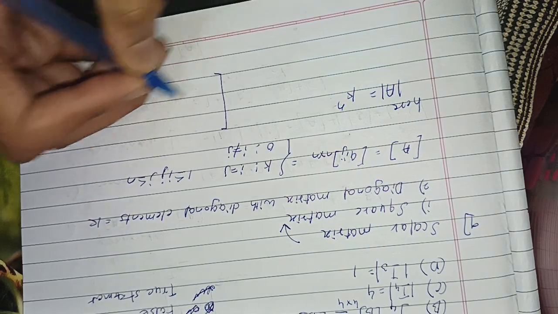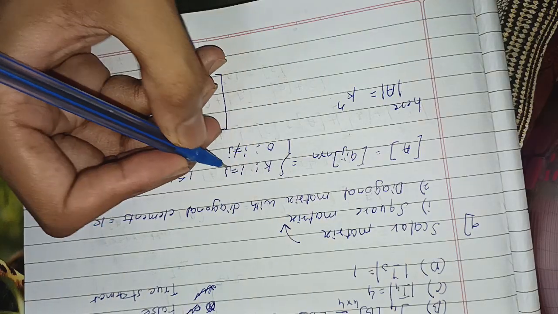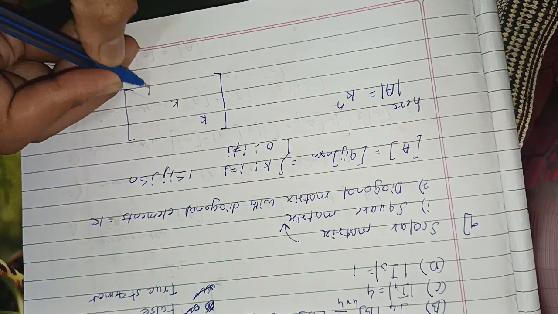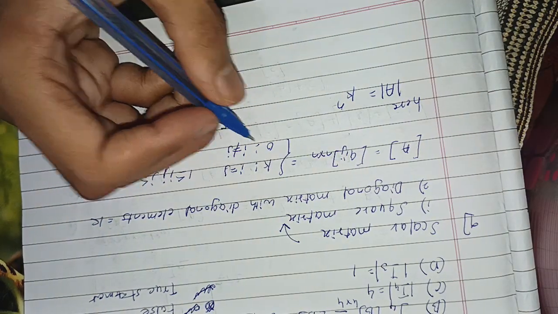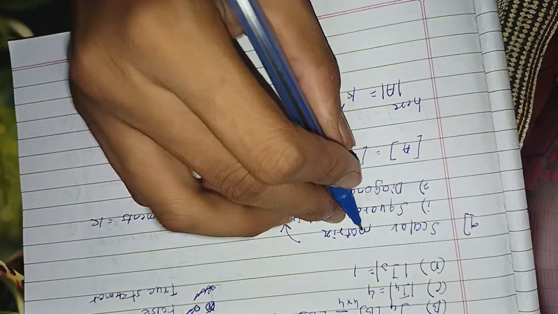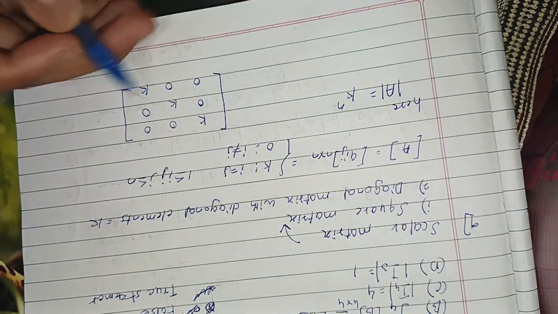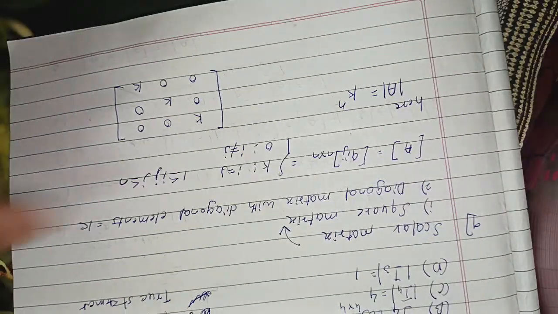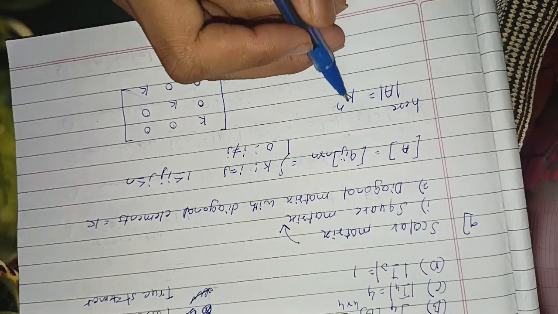So wherever i is equal to j, we write k. Wherever i is not equal to j, we write 0. So this is a scalar matrix. Here I can write the determinant is equal to k raised to n.